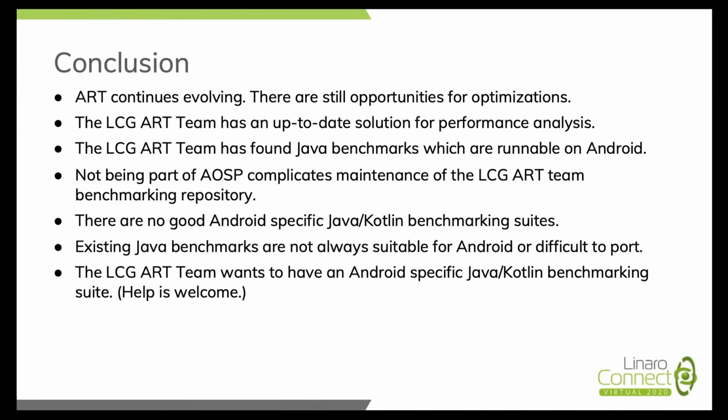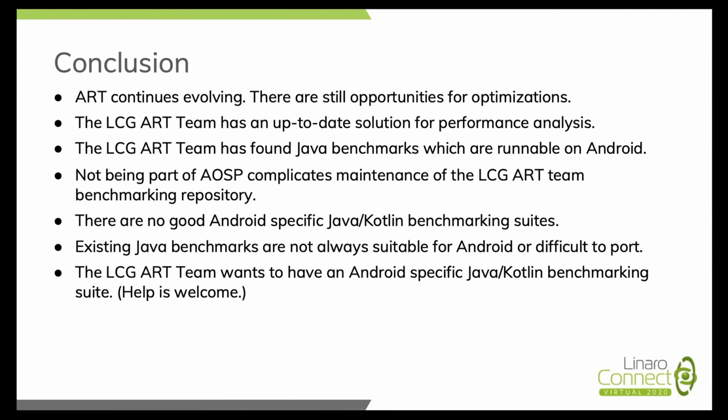And let me finish with a conclusion: what we had, what we have, and what we will have. First, of course, Android Runtime continues evolving, and even though it's quite mature, there are still opportunities for optimizations.